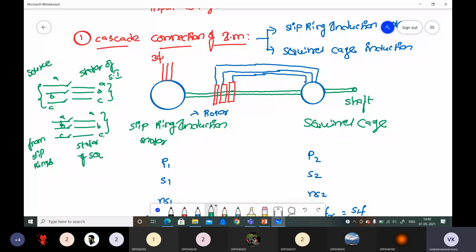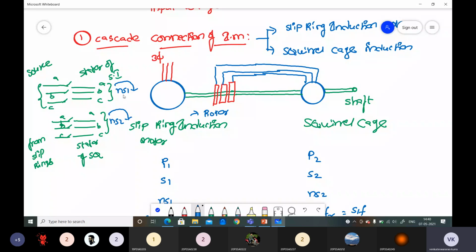If the phase sequence is the same, suppose you take the ABC phase sequence, the RMF produced by the stator winding of the slip ring induction motor is Ns1, and this is Ns2, the RMF produced by the stator winding of the squirrel cage induction motor. This RMF rotates in the clockwise direction, and this RMF also rotates in the clockwise direction.